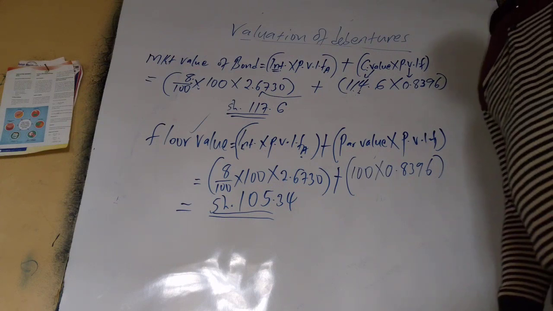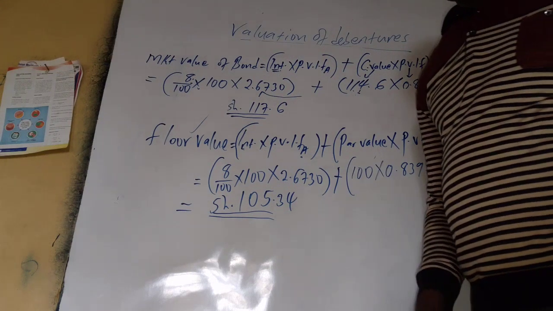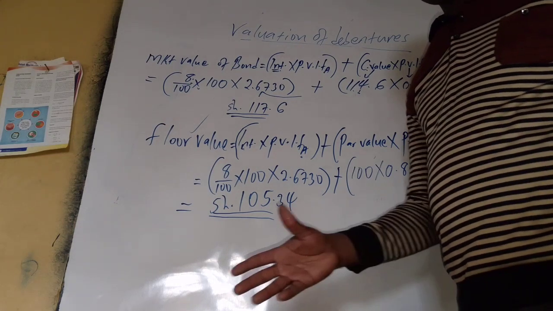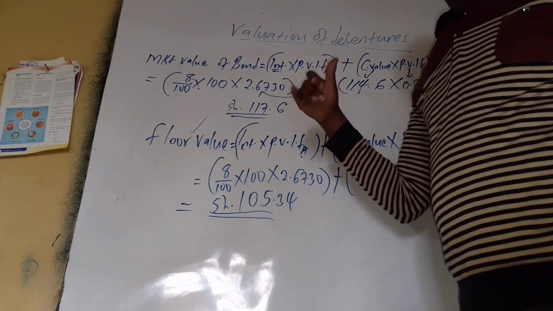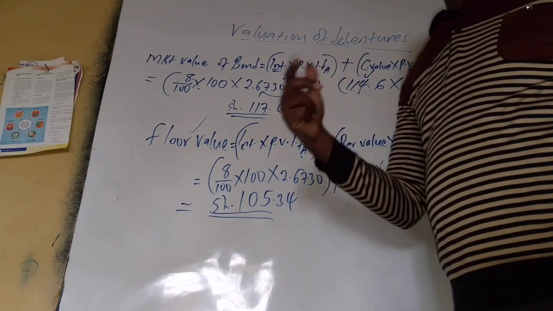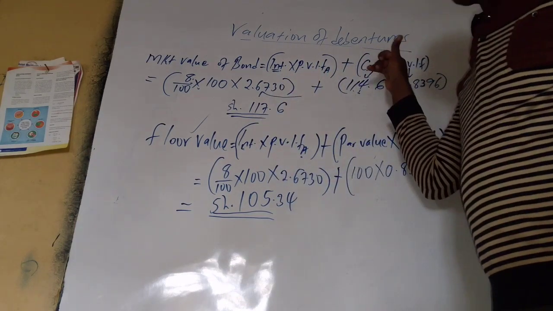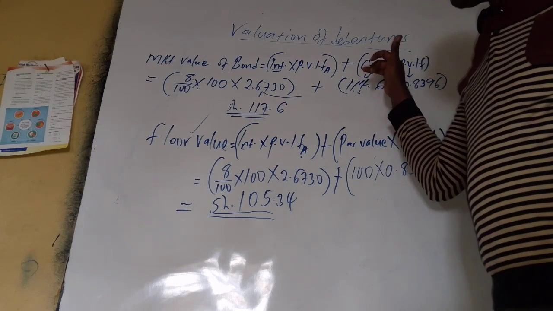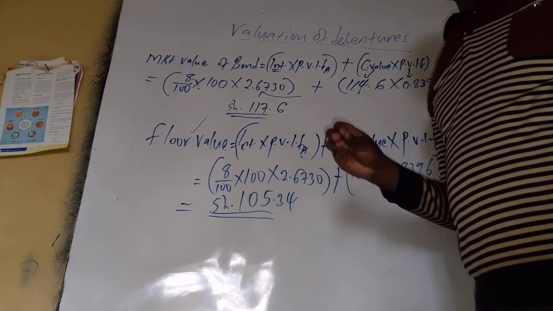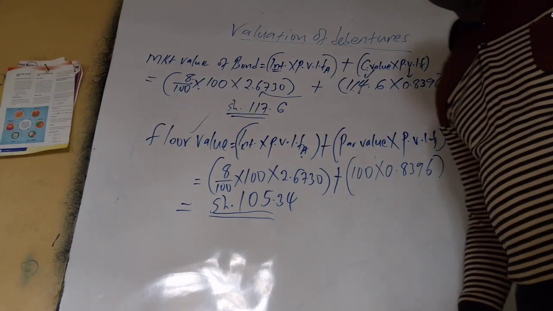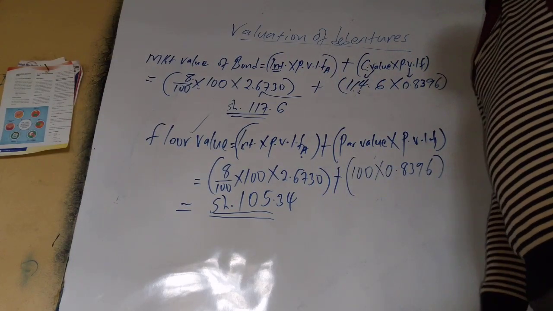So if the bond was redeemable, instead of using the conversion value, I would have used the redemption value. Here at the top, conversion value, I just replace it with the redemption value, and the process continues.